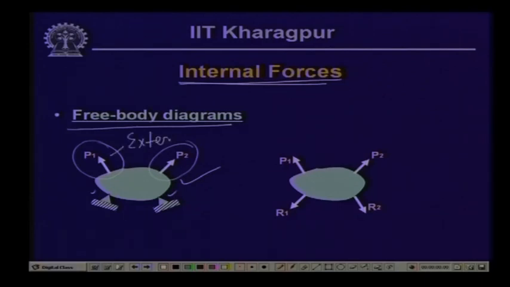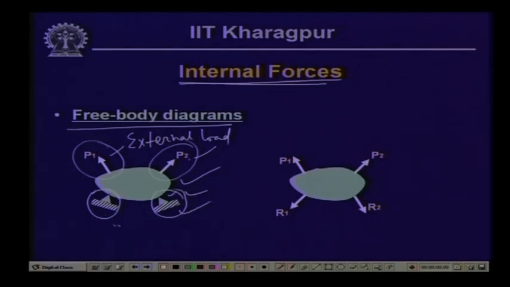So, the external loads are acting on this particular body. Now, since this particular body is in equilibrium, under the action of these external loads there will be some amount of reactive forces generated at these support points.